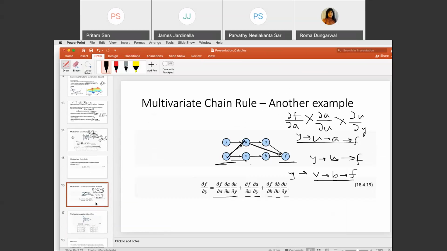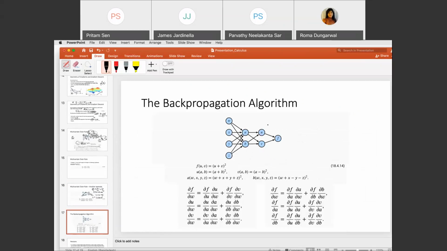Okay, so the next concept is the backpropagation algorithm. For a neural network like this, we can change each parameter, and ultimately it will change the main output here. So we can calculate the impact of each one like this.